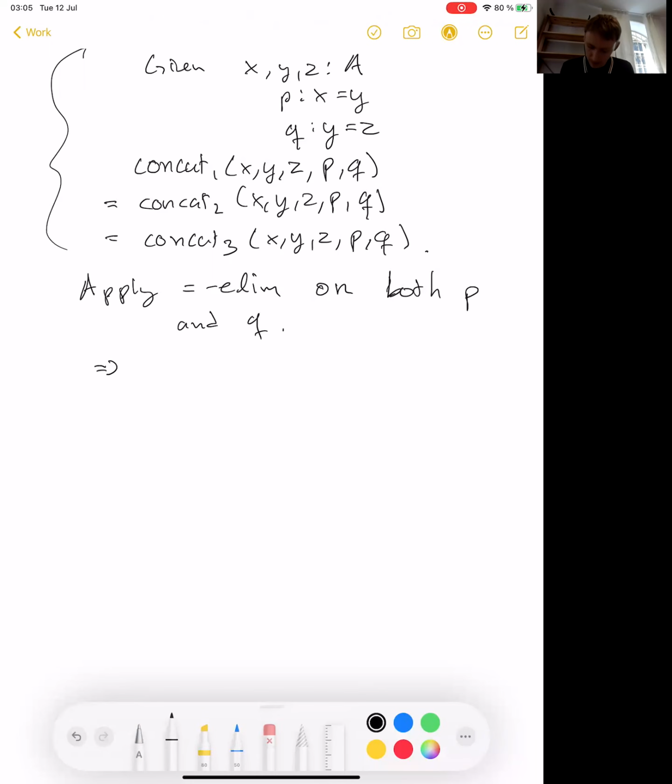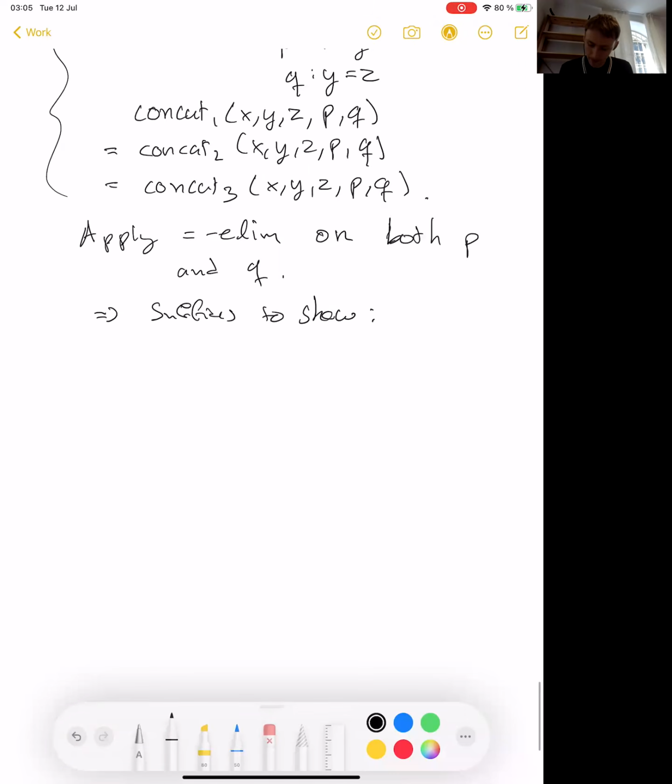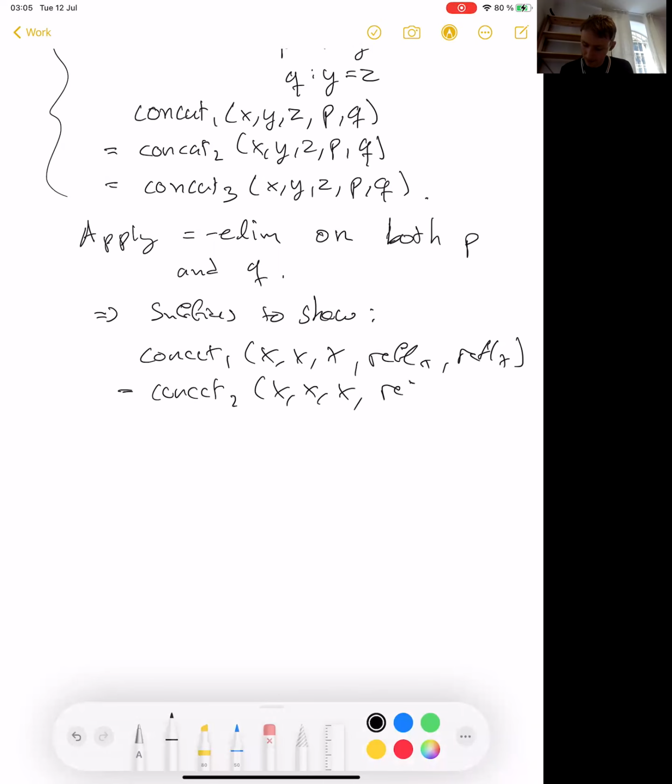After doing this, it suffices to show concat 1 x x x refl equals concat 2 x x x refl equals concat 3 x x x refl x.